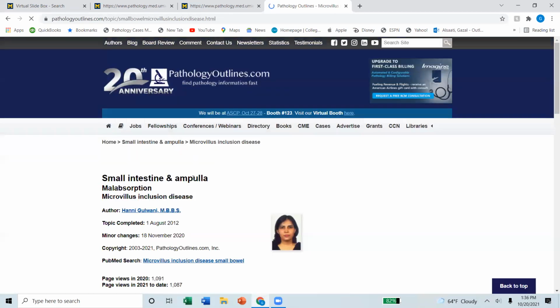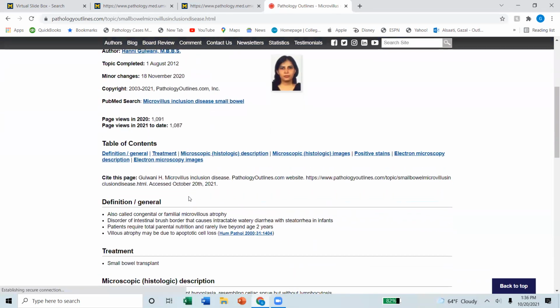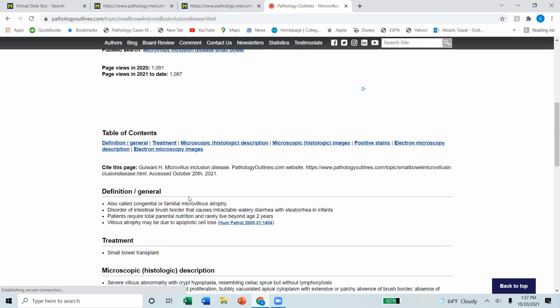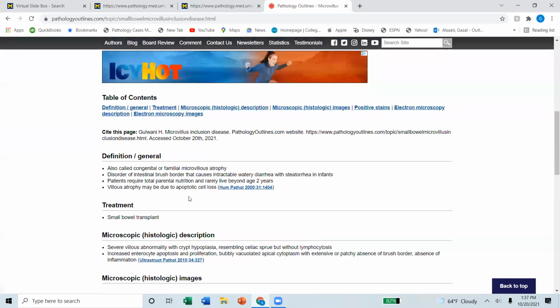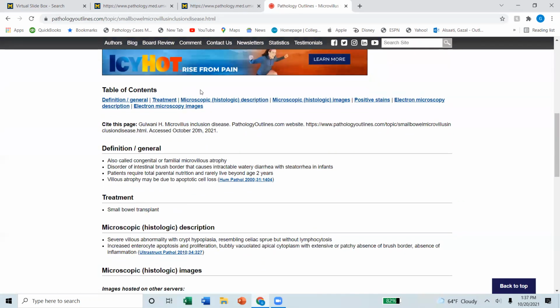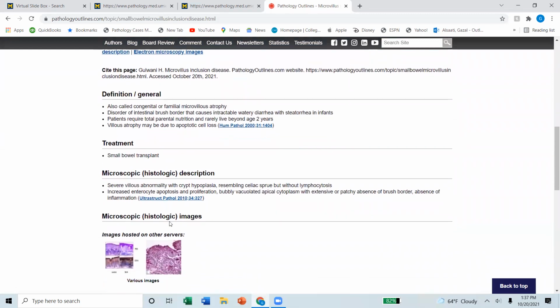Okay, so congenital or familial microvillus atrophy. Yes, now it's coming back to me. It's the intestinal brush border that causes intractable watery diarrhea and steatorrhea in infants. Patients require total parenteral nutrition and live up to 2 years of age. Villus atrophy may be due to apoptotic cell loss.